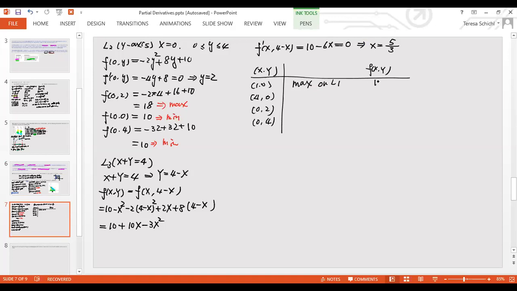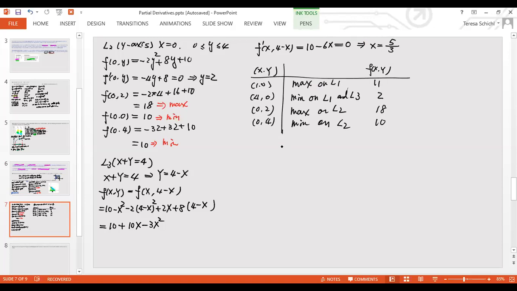Okay, so this is 11. 4, 0, this is the minima on line 1 and line 3, right? This one gives us 2. 0, 2, this is the max value on line 2, and we got 18. And 0, 4, this is the minimum value on line 2, and we have here 10.